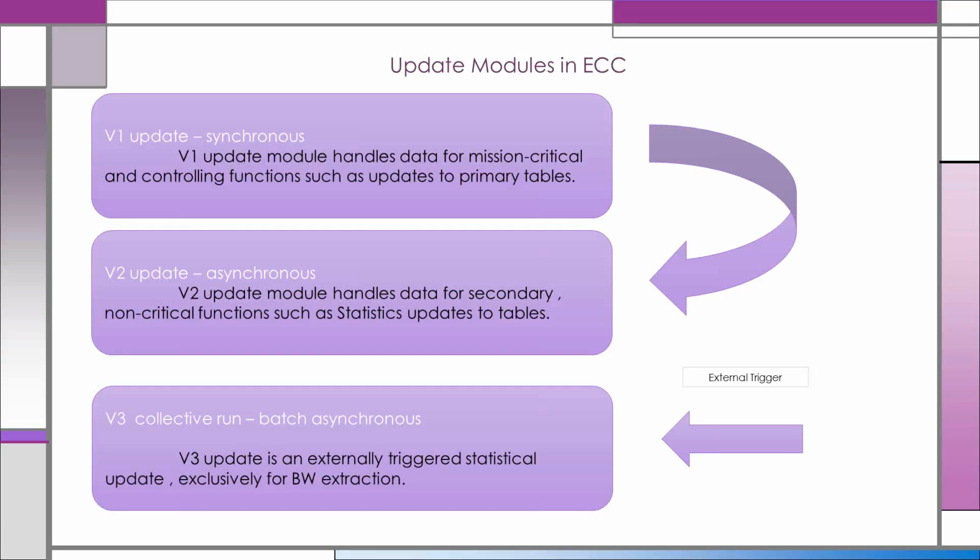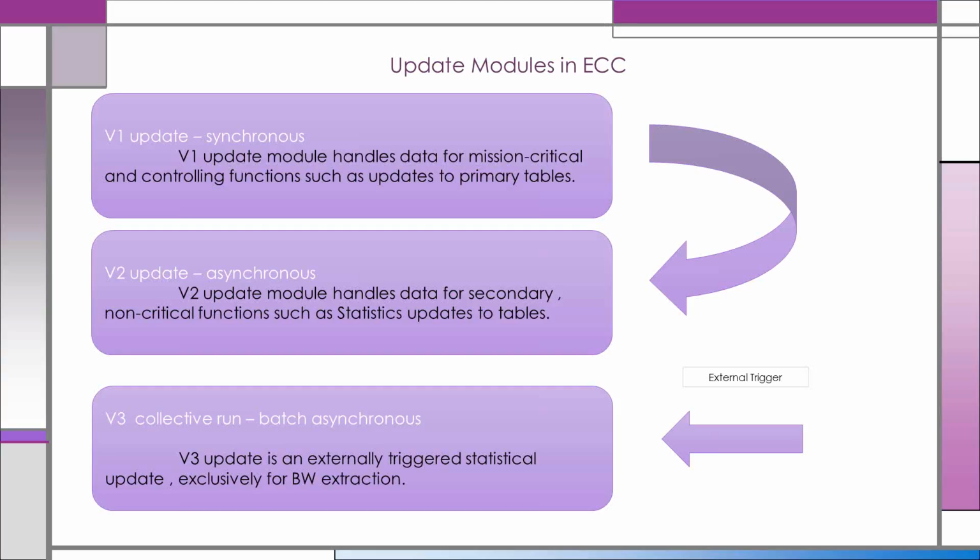But V2 update is asynchronous, so this will handle the data for secondary non-critical functions. For example, you want to create a report on top of that. So all the data are stored in another table called the statistical table, from where you can create reports, right?